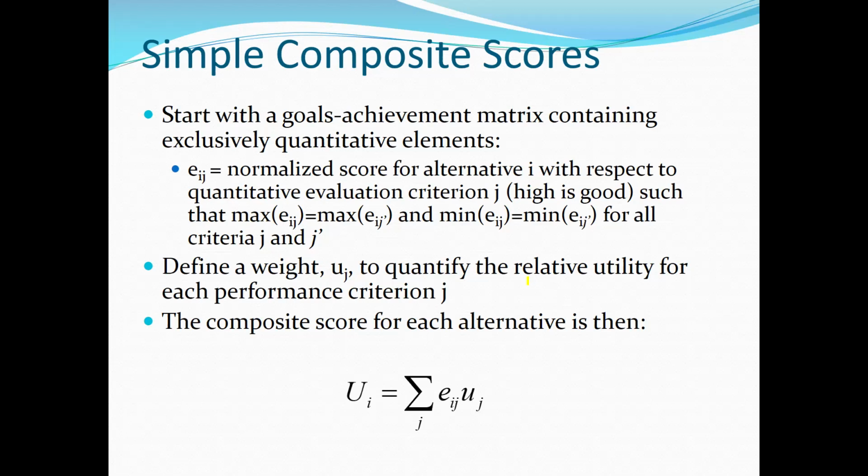And then, how do we normalize the score? We normalize them to the same range, because as you might know, the benefit cost ratio might have a completely different scale on the project compared to the jobs lost, or jobs gained, for example.